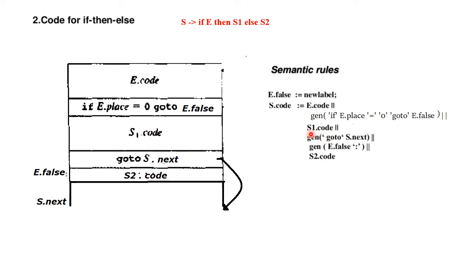Whatever be the three address code to represent S1, that we have to write here. Then we have to generate gen go to S.next. Then we have to create this label gen E.false. Then we have to write S2 code.